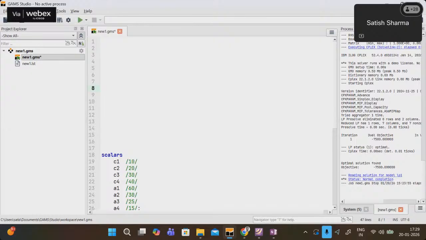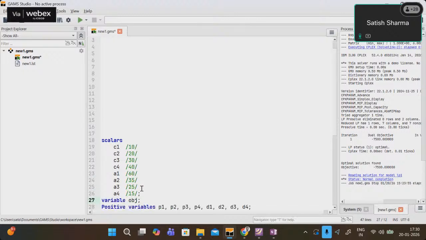No, not more than this. Then demand 1 said that he is ready to spend 60. Then demand 2 is 35, so I will put 35 here, then 25 and 15. So this is what I have defined.